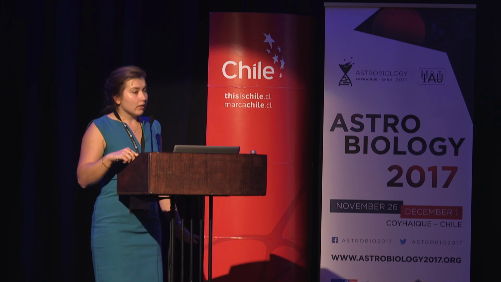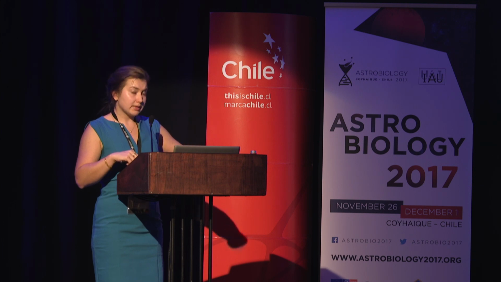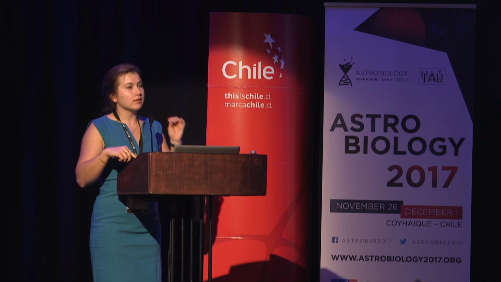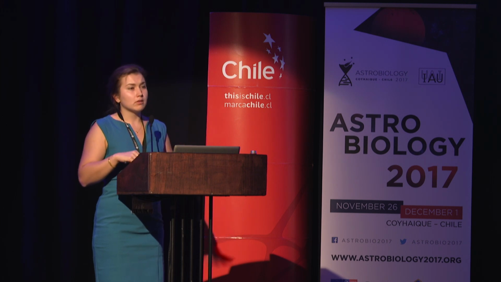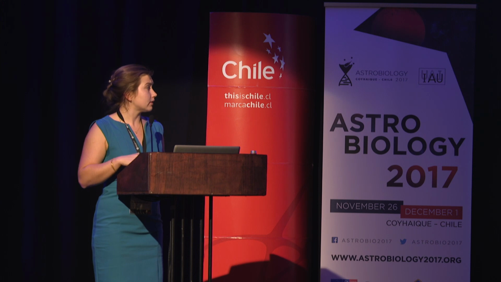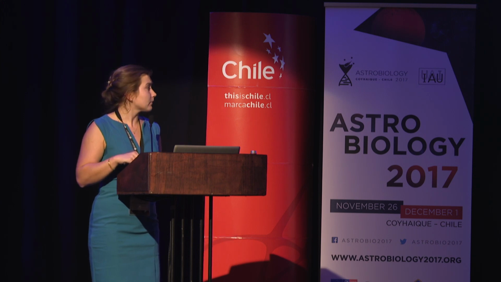All of these are still, however, present in the ALMA data, which means that they're also really present on the small disk scales. So they're found across various scales around this protostar B.